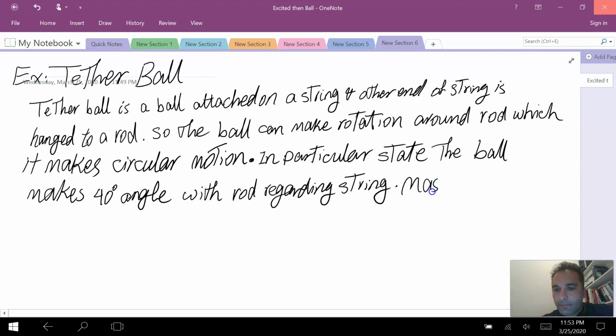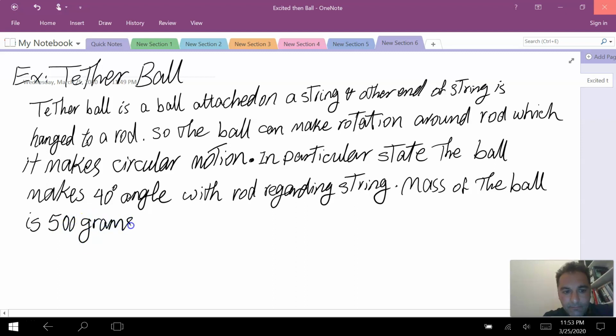The mass of the ball is 500 grams. All right. Find.